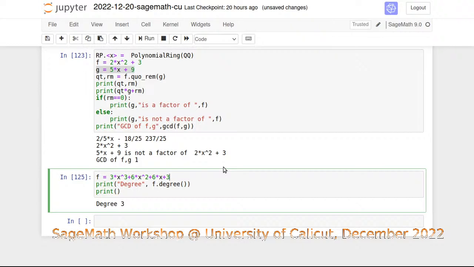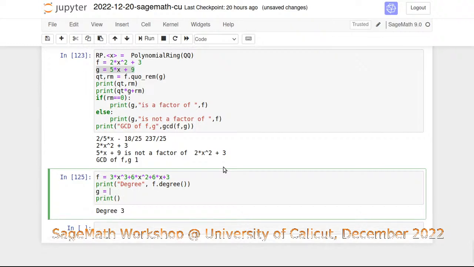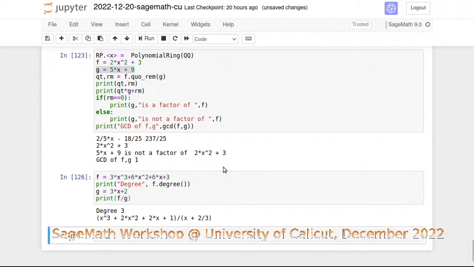Suppose we take G equal to 3x plus 2. Now we know that f by g is this. See that this has actually got reduced by taking all these 3 out.